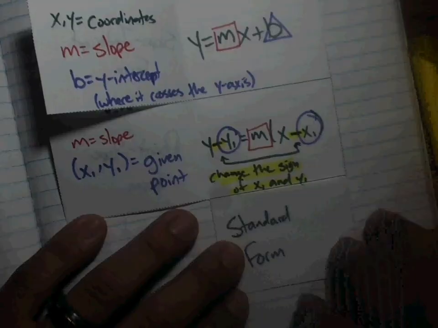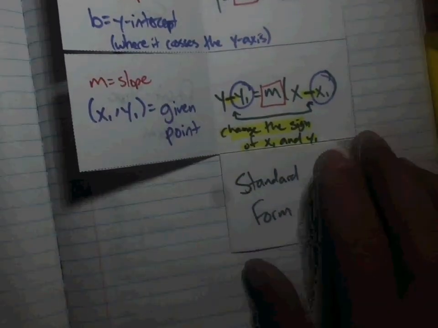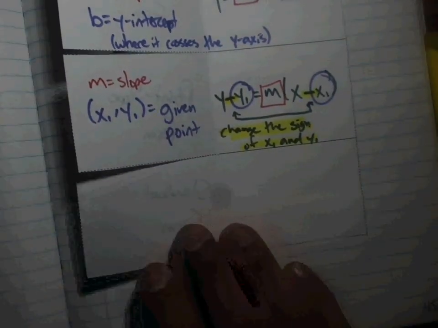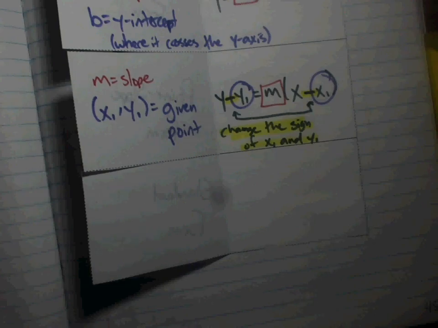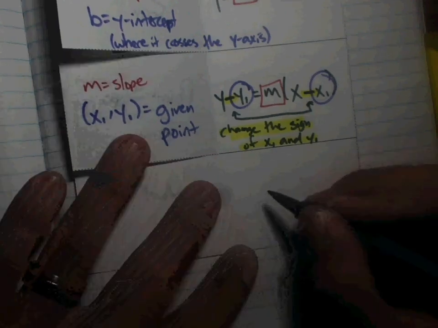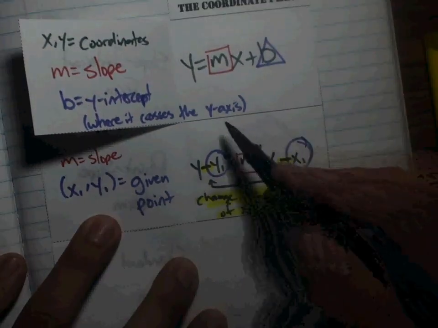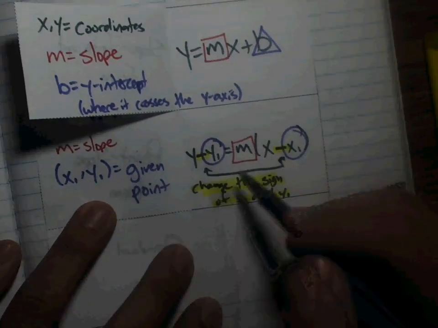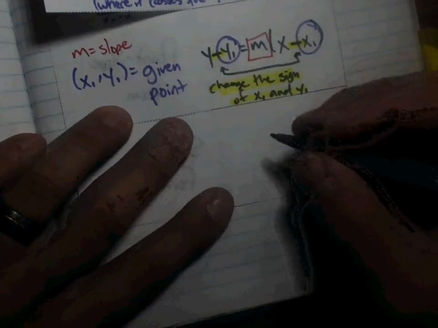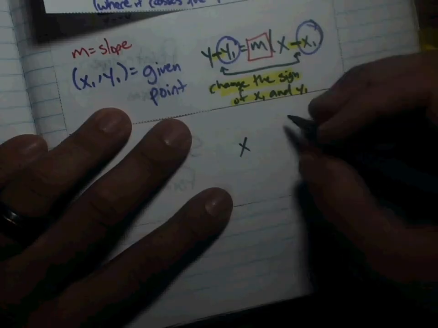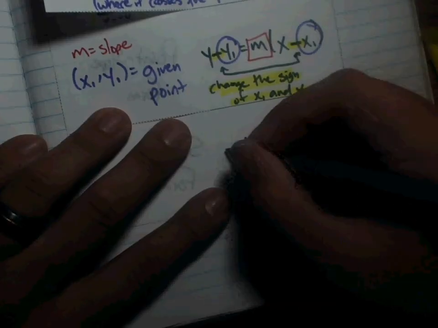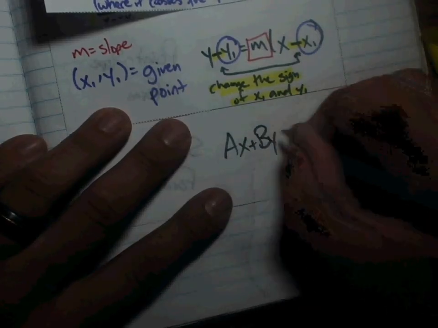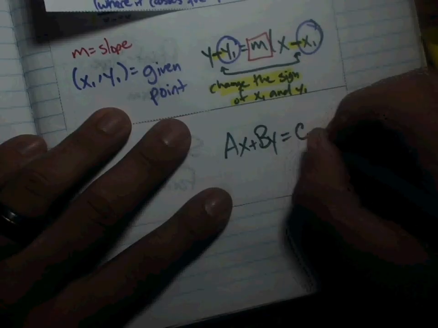Okay. And lastly, standard form. We don't really look at this one much, but you've seen it before. This one looks a little different. It's where the variables are all on one side. We have our x and our y next to each other: ax plus by is equal to c.